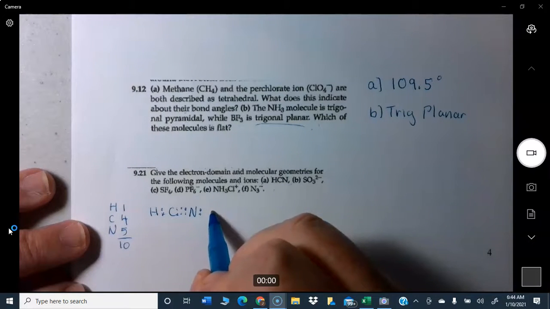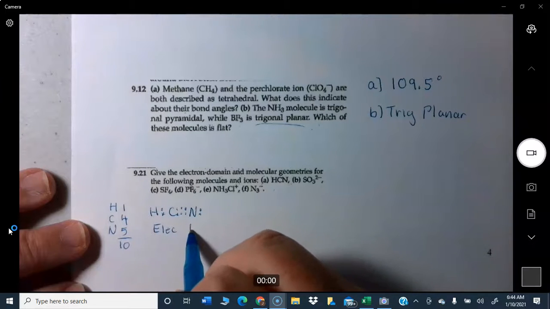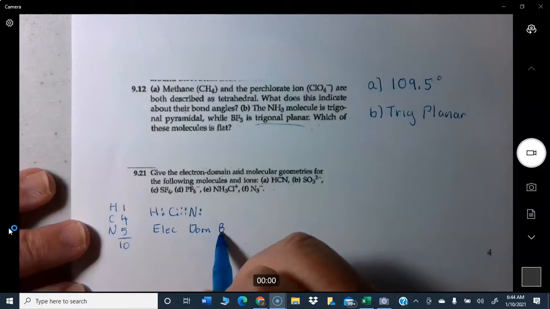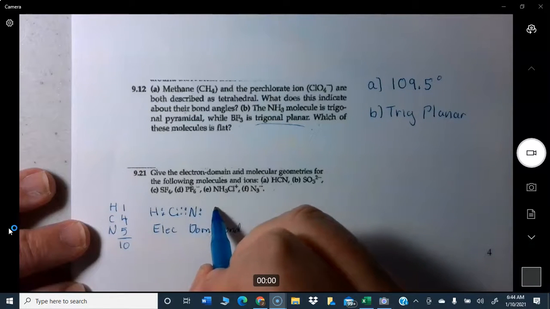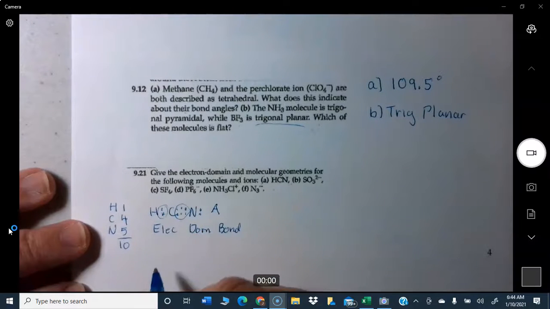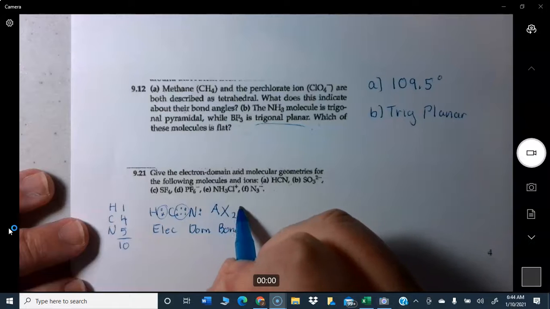So we have electron domain and bonding. And just write the AX notation for carbon. So it's A. It has 2 bonding domains, 2 electron domains, and both of them are bonding. So it's AX2E0.